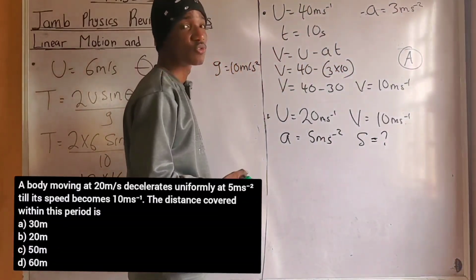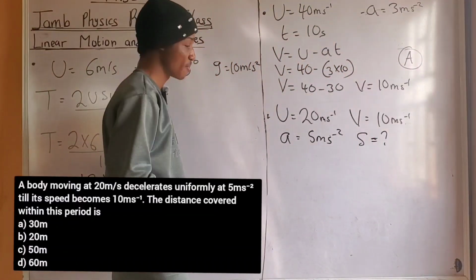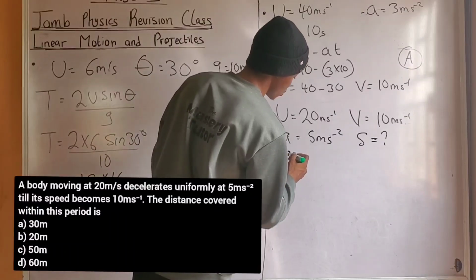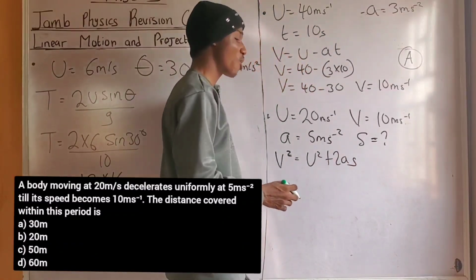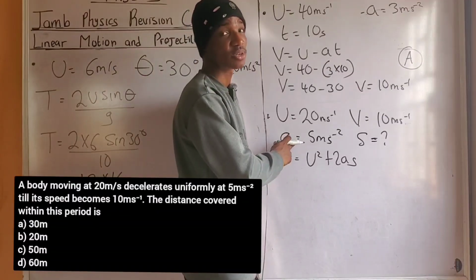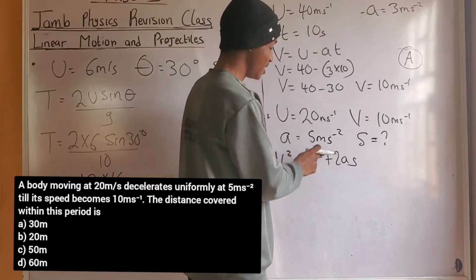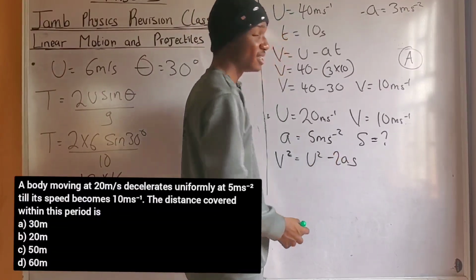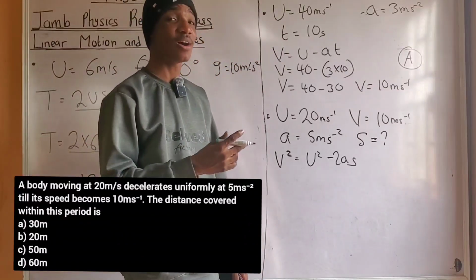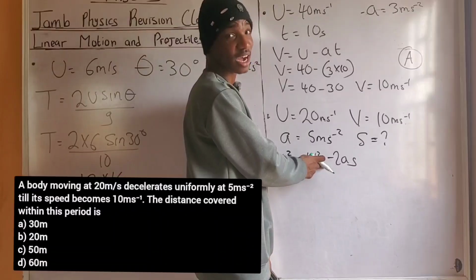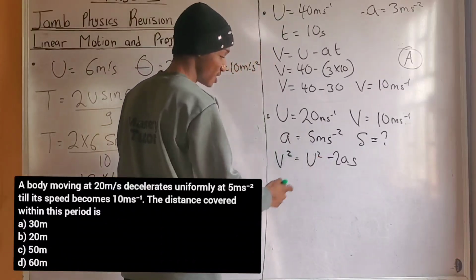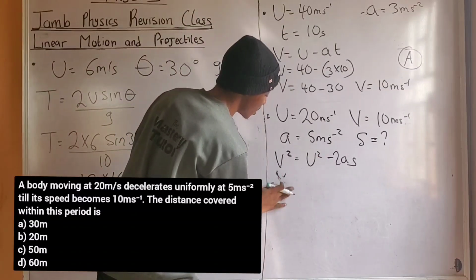Now, from the equations of motion, which are we going to use? Recall that v squared equals u squared plus 2as. Now, because the acceleration in the question is deceleration, the sign here will be negative. The reason I intentionally wrote positive is because I want you to know why we are going to have negative here. So please pay attention. v squared, v is 10.